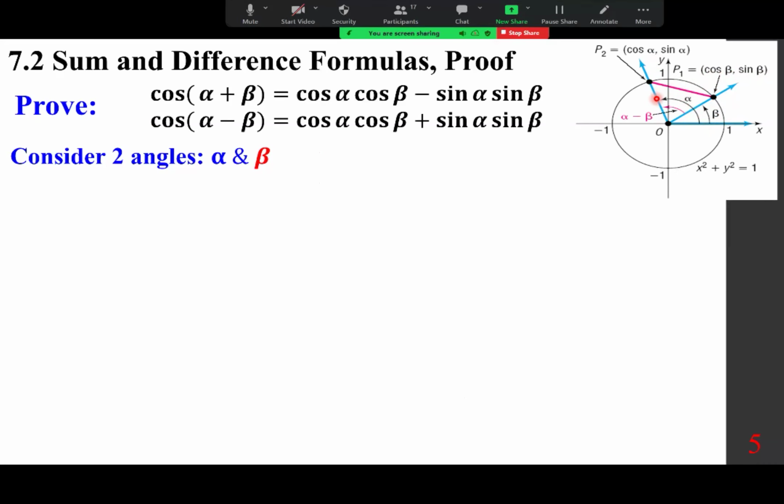This angle, the longer one, the larger angle is alpha. Alpha is larger than beta. Therefore, this point has coordinates cosine alpha, sine alpha.